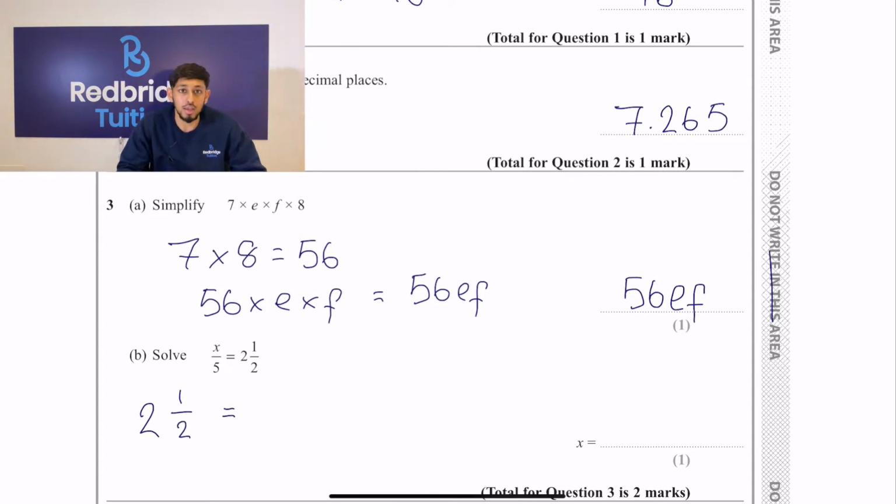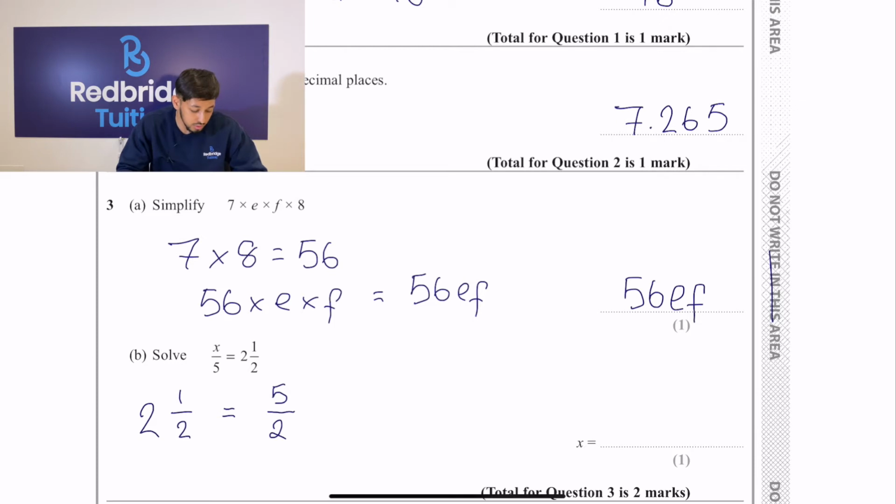Now how we do that is, firstly, we times our whole number by the denominator, and then we add that value to the numerator. Our denominator stays the same. So our denominator stays as 2, and our numerator would be 5. So 2.5 is equal to 5 over 2.